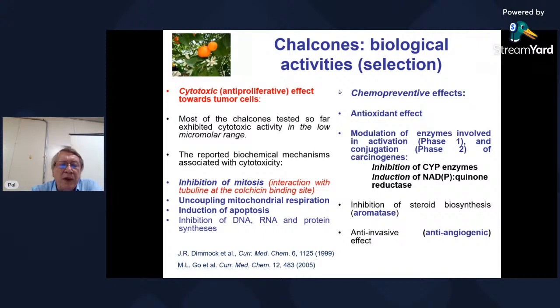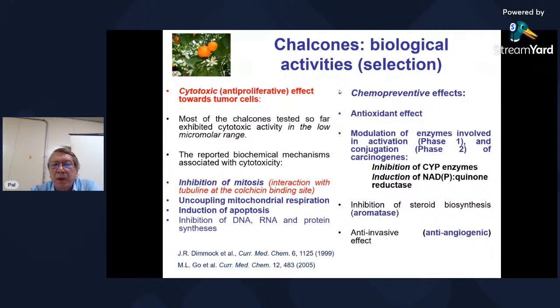And of these, the most common mechanisms are inhibition of mitosis, which is manifested by means of interaction of the compounds with tubulin, uncoupling of mitochondrial respiration, and induction of apoptosis, as well as inhibition of DNA, RNA and protein synthesis.